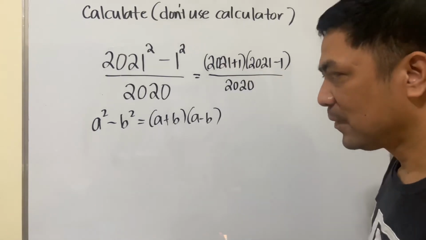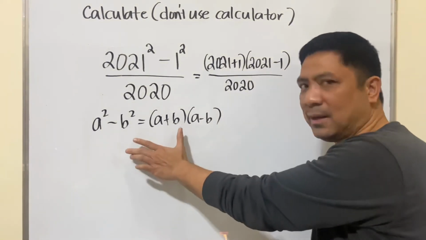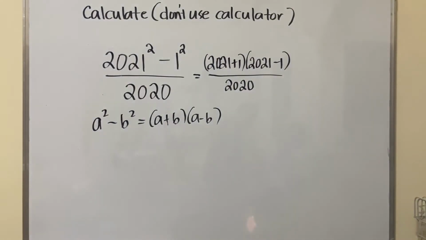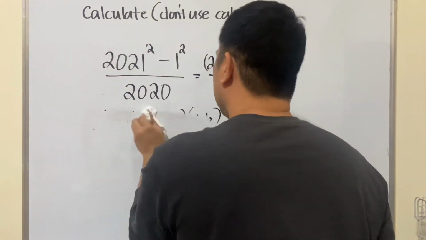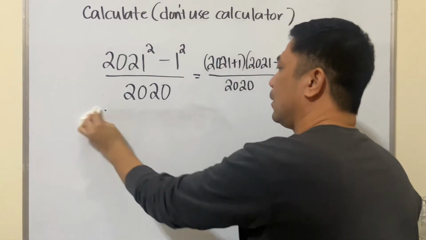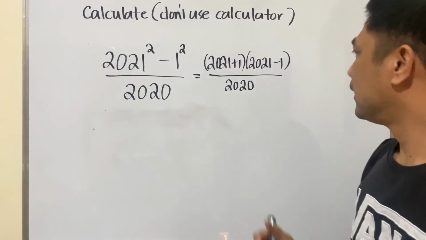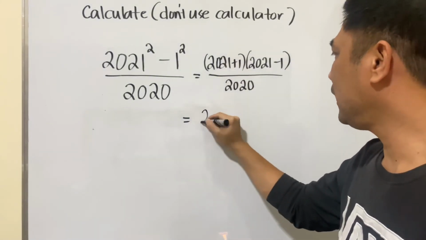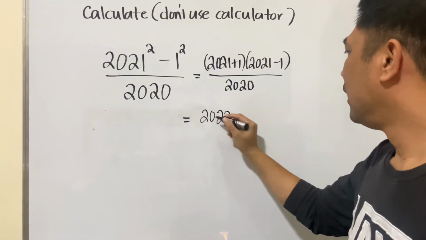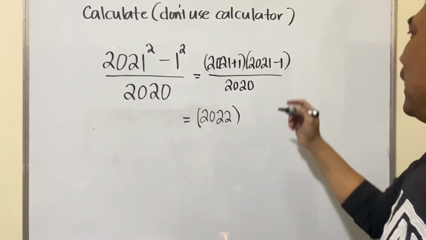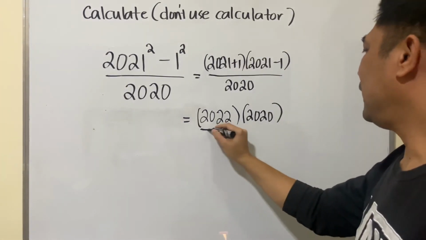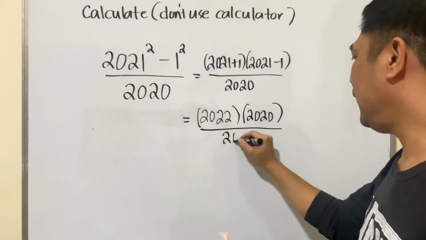Okay? So let me first erase this one. Therefore, what we have here is 2021 plus 1, that will be 2022, times 2021 minus 1, that will be 2020, divided by 2020.